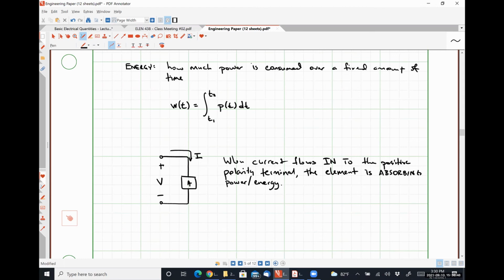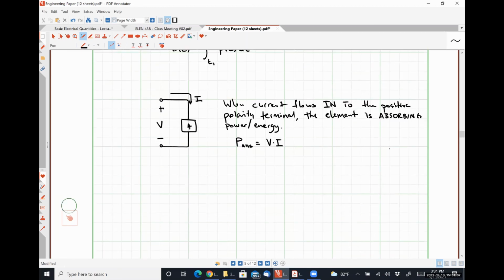So in this instant, the power absorbed is simply the product of V and I. Okay. Now let's take that same element.